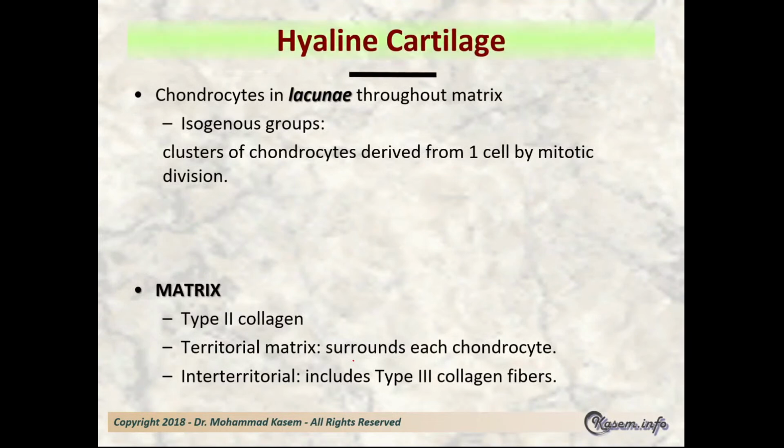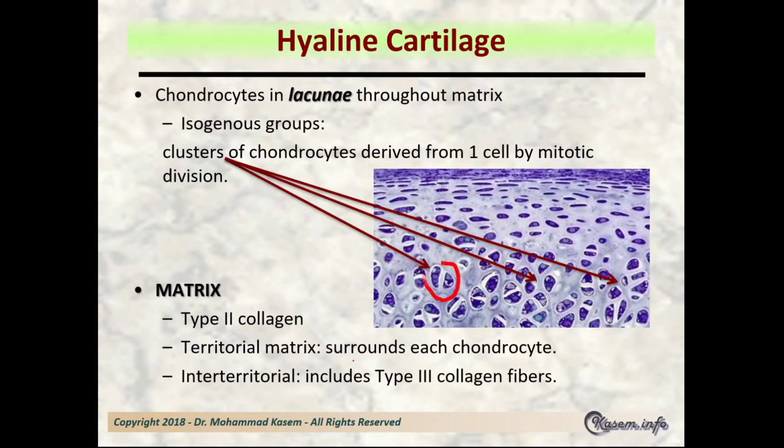First, let's take a deeper look at each type of cartilage. The hyaline one, as you know, has a particular feature which is the transparent matrix, and that's why we call it hyaline. Hyaline is transparent. It doesn't have visible intercellular fibers.